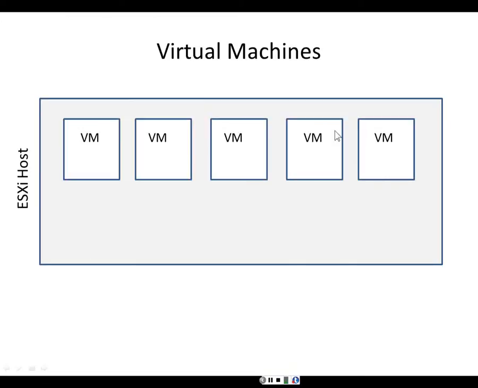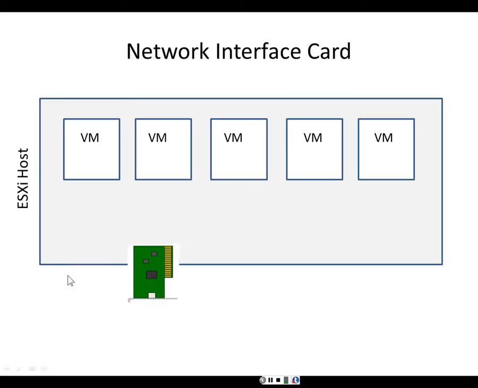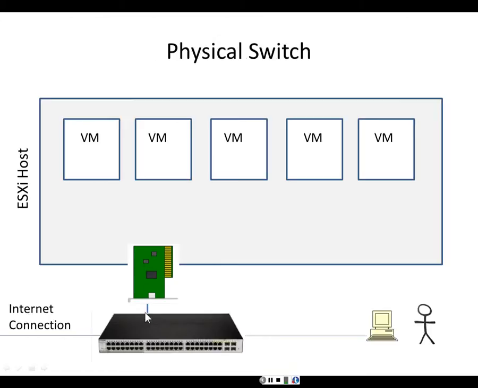In an ESXi host, we have multiple virtual machines, and in each virtual machine is an operating system and an application. The ESXi host will have at least one physical network interface card. That physical network interface card connects to the physical switch, which connects to the users at their workstation, and also connects to the uplink, which goes to the internet.